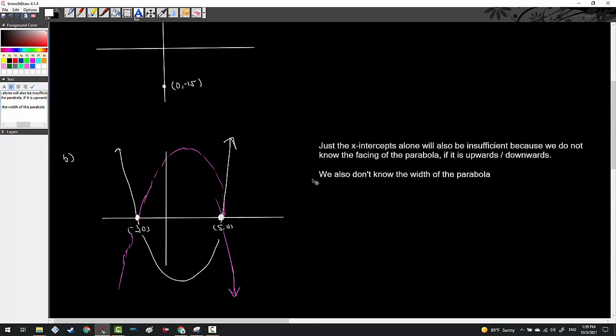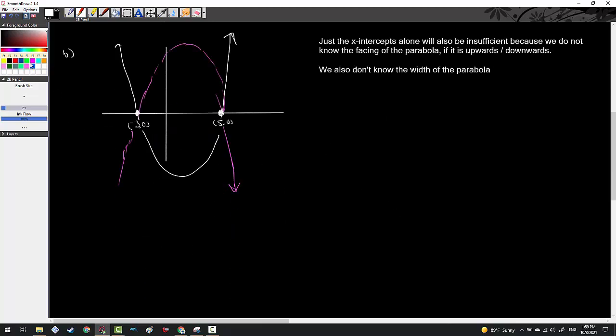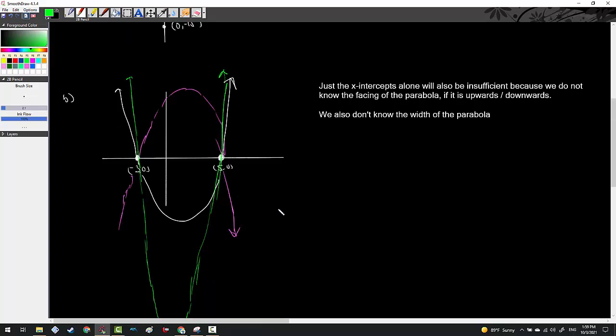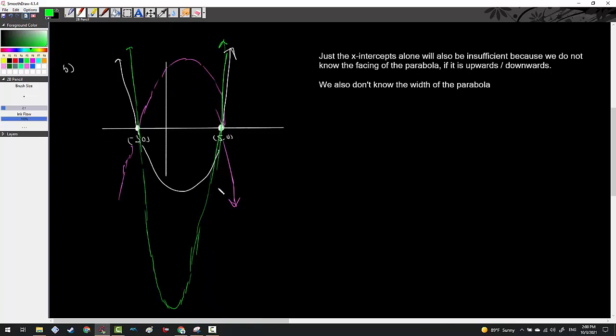The width of the parabola could be, so right now the parabola is, say, this much wide, but there's also another version of this parabola that could be really, really thin, and it could extend way down like this and be thinner on the way up. Right? We just don't know where it is. So based on just those 2 points alone, I don't think we have enough for an actual parabola, although we can conclude that it would be U-shaped.